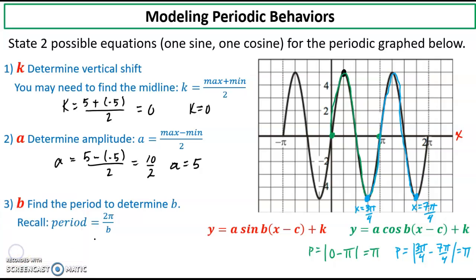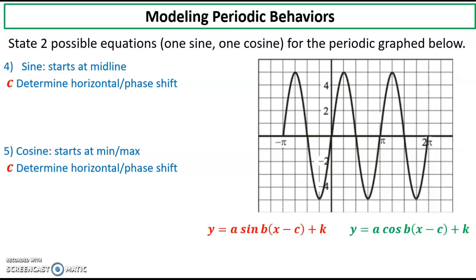Period equals 2 pi divided by b. Multiply both sides of this equation by b, and we get a b value of 2. So now k is 0, A is 5, b is 2.